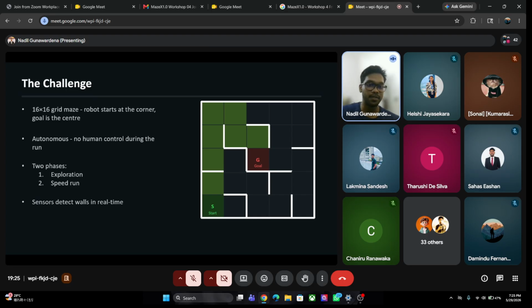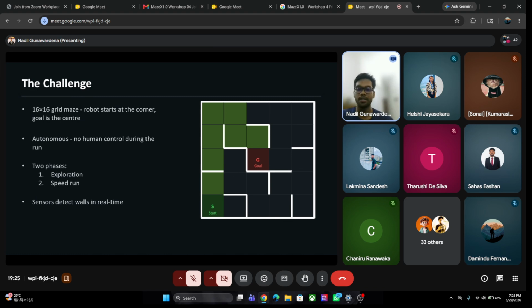It's a 16 by 16 grid, and in the micromouse competition, it is fully autonomous. You can't control the mouse from outside of the maze. And also in micromouse competitions, there are two phases, which are the exploration phase and the speed run.